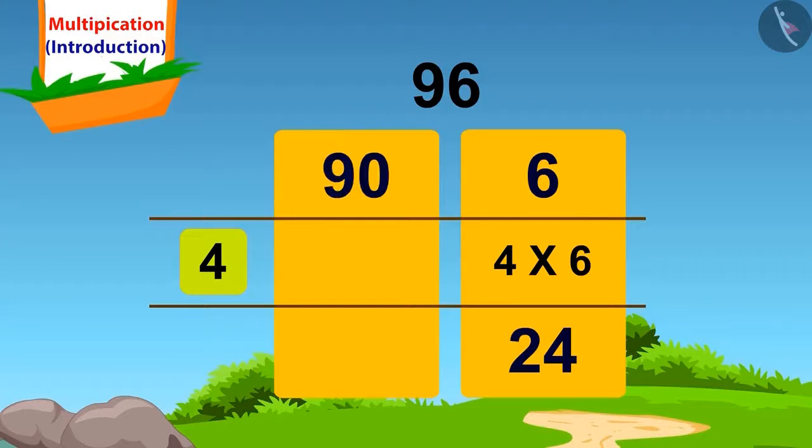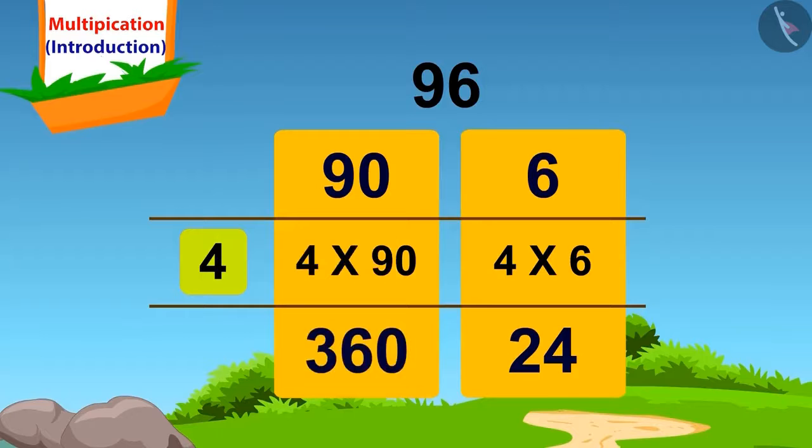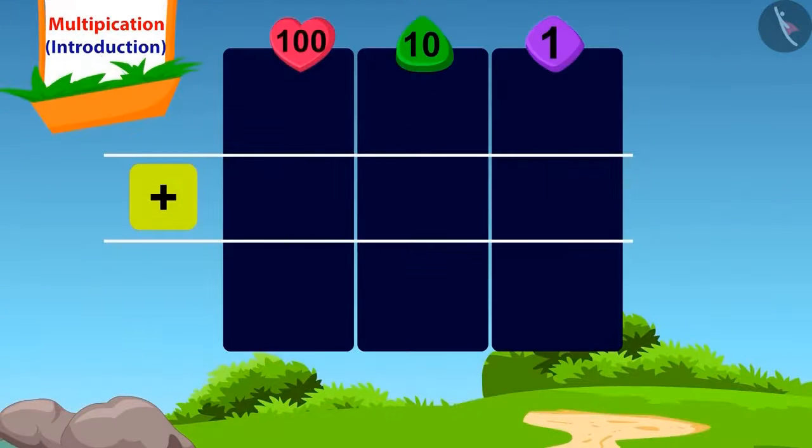Now we will multiply 90 by 4. 4 times 90. How do we find it? Just by placing a 0 next to the answer of 4 times 9, which is 36, we will get the answer 360. We will write this answer here.